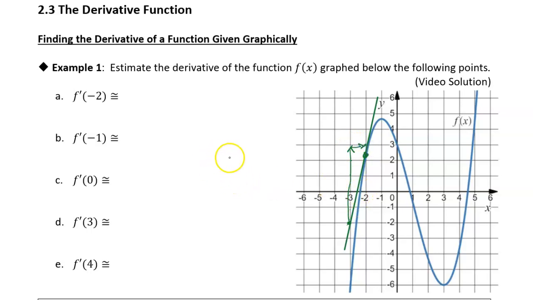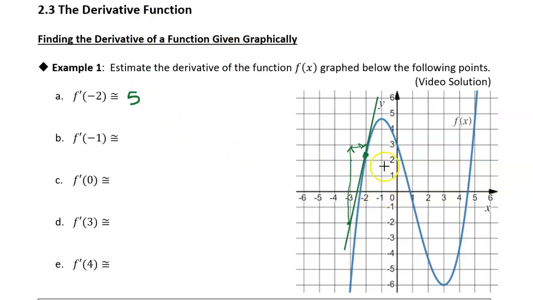So the slope of the tangent line at this point, where x is equal to -2, looks like it's about 5. I'm just going to round it to the nearest whole number. Good enough. When you just have a graph, you just have to draw a tangent line and get a ballpark number. So let's do that at each one of these points.